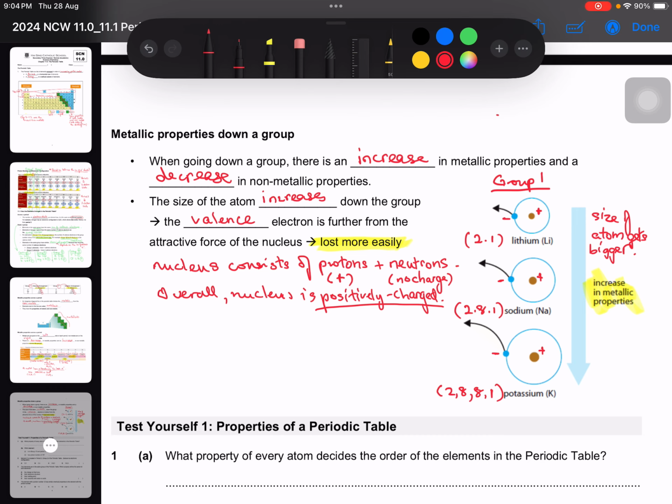So this means that, okay, I'm going to draw another arrow down. Lost more easily means what? Means it is more metallic.